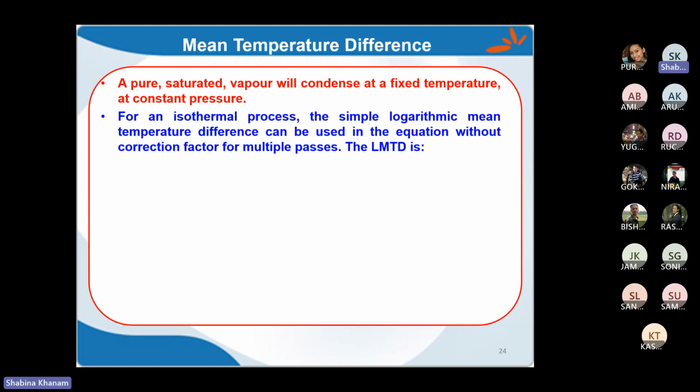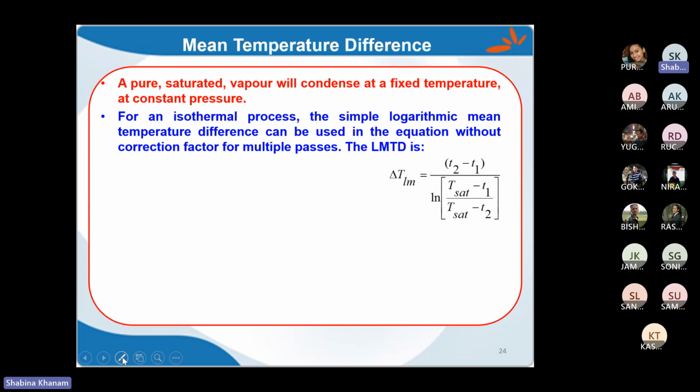Isothermal condition will happen on one side, and on the second side the coolant is there, so I am having sensible heat transfer. In that case LMTD you can find out by this.